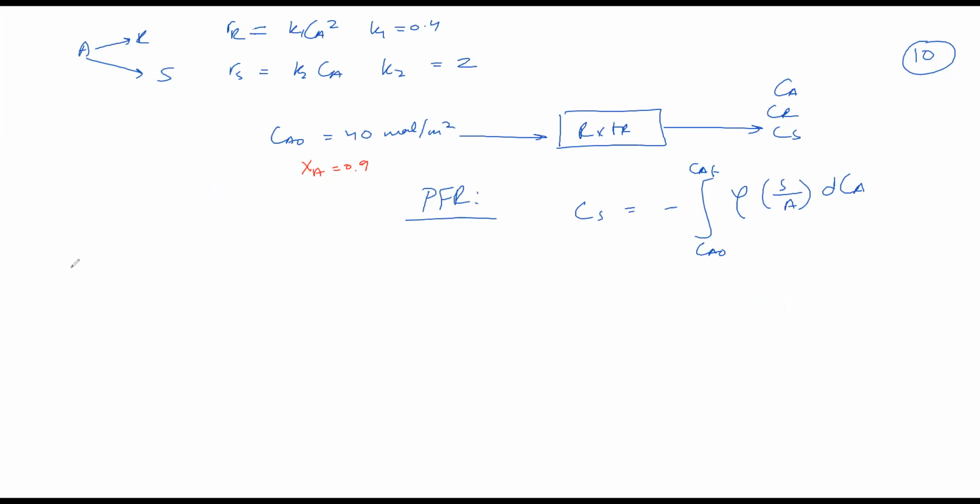So my instantaneous fractional yield phi of S over A will be equal to K2 Ca divided by K1 Ca squared plus K2 Ca.